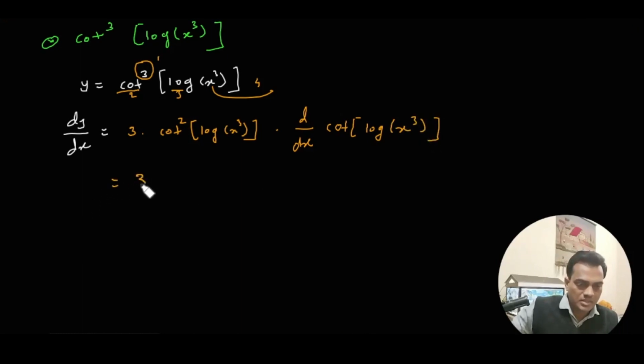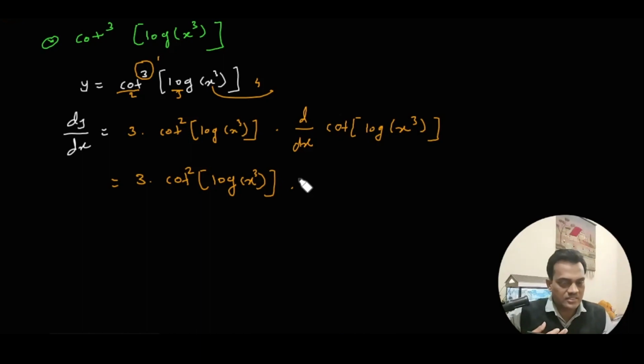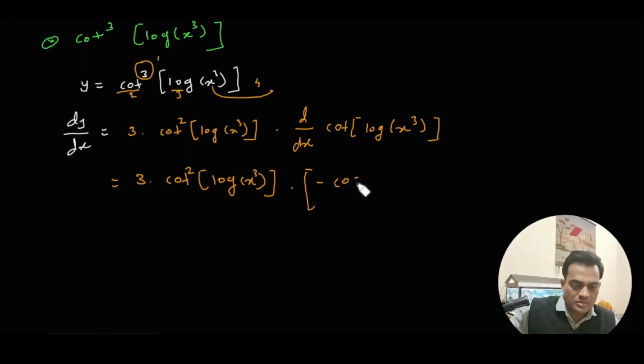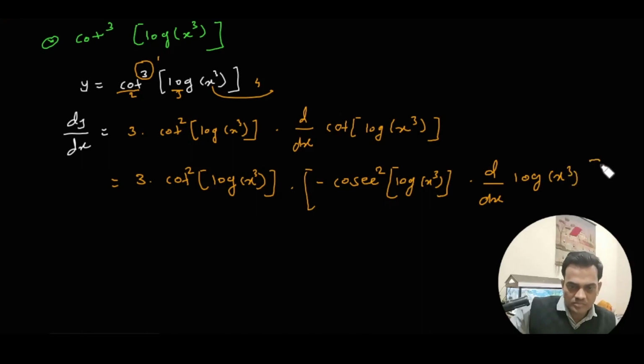Then it will become 3 cot square log of x cube, and now the derivative of cot: tan is sec square x, cot is minus cosec square x, so its derivative is minus cosec square x, instead of x there is a log of x cube, and again the derivative of log of x cube.